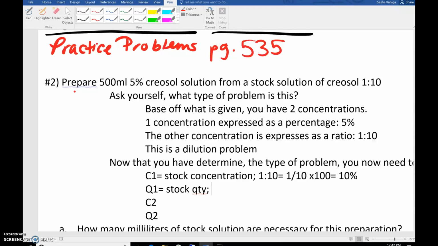It doesn't tell you how much of that stock solution, so your Q1 is X. Your C2 is your desired concentration. What you're preparing is 500 milliliters, 5%, so 5% is your concentration. And your Q2 is your desired quantity. Based off of the problem, you're preparing 500 milliliters.